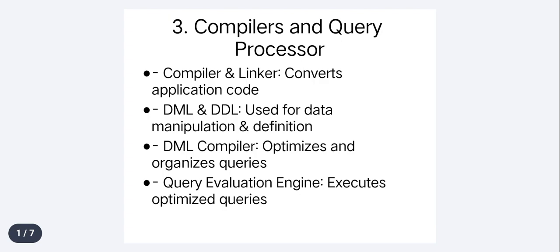These SQL commands like create, alter, and drop are used to define and modify database structure. And third one is a DML compiler, which optimizes and organizes queries. This component compiles DML statements and organizes them for efficient execution by converting them into an intermediate form.